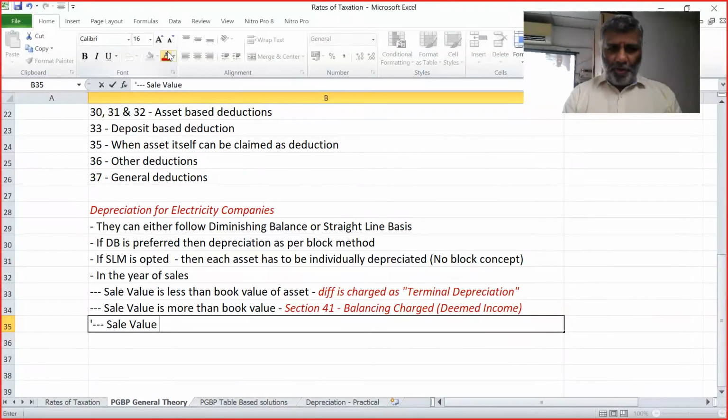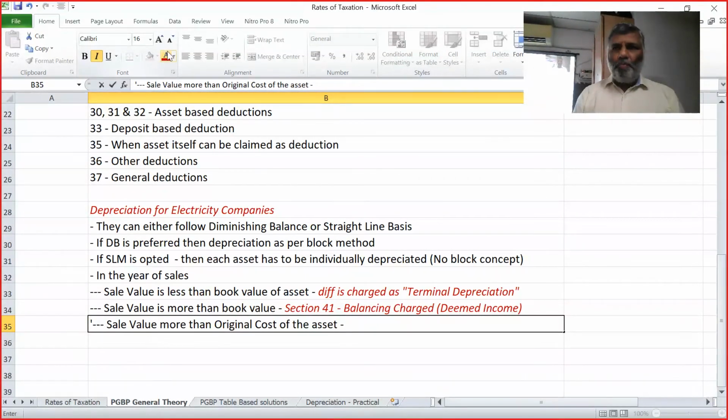If the sale value is more than the original cost of the asset, up to original cost, it is known as balancing charge.